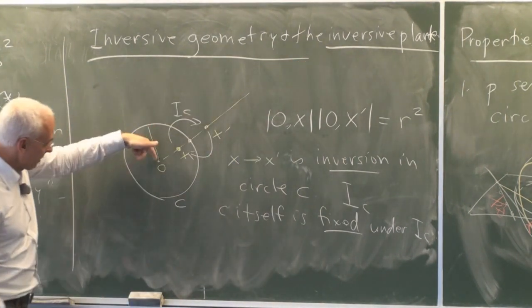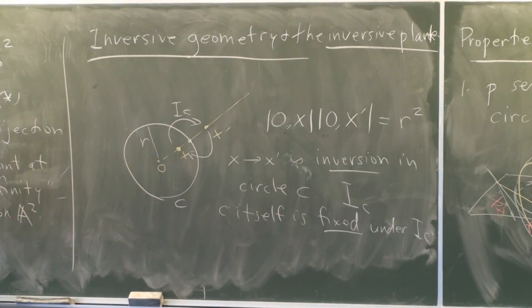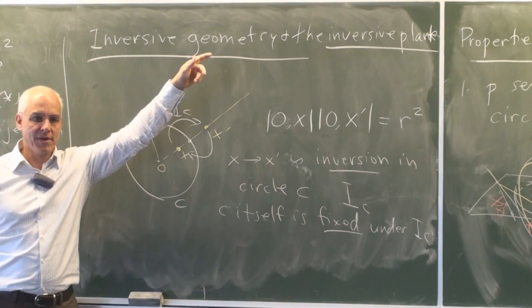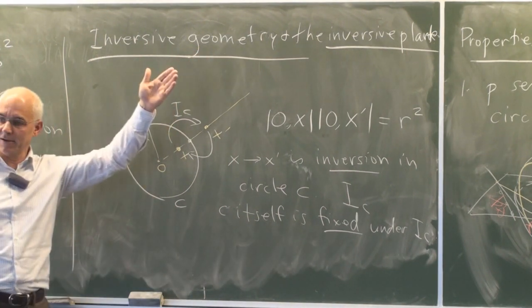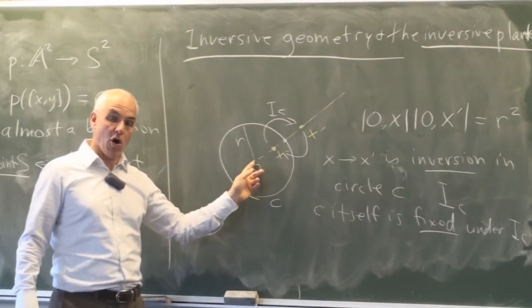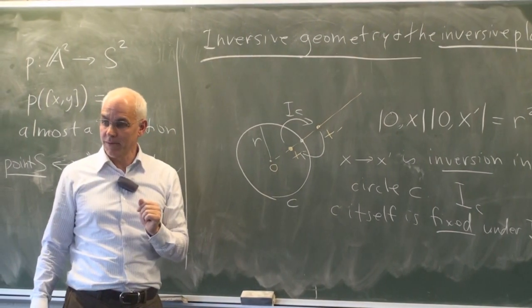And in the limit, well, what happens to O? That's an interesting question. O will have to be sent infinitely far away. So we need an extra point at infinity to make this work, in other words, to give O somewhere to go.